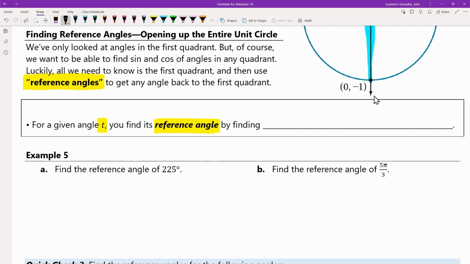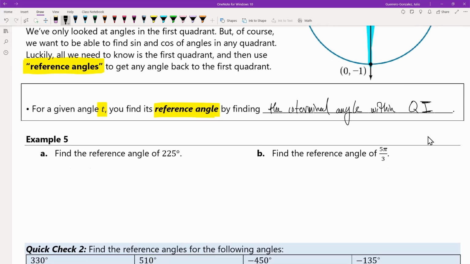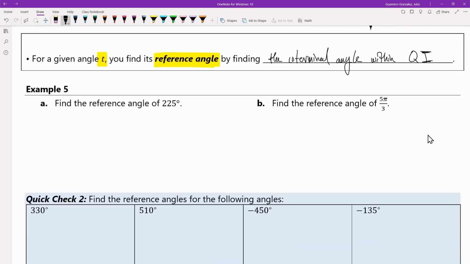The way that we're going to define it is this: we're going to find the equivalent angle that is coterminal that falls inside of quadrant 1. So what do I mean by that? I'm going to give you guys some examples here, so hopefully it doesn't boggle your mind too much.